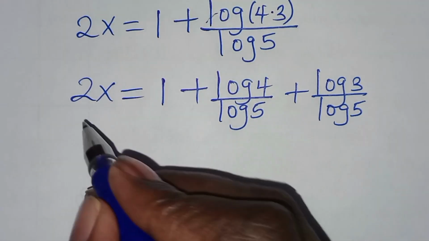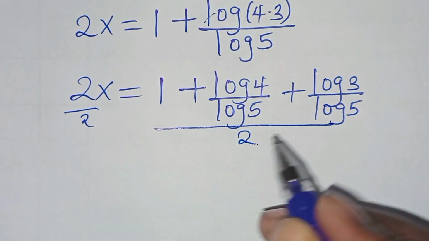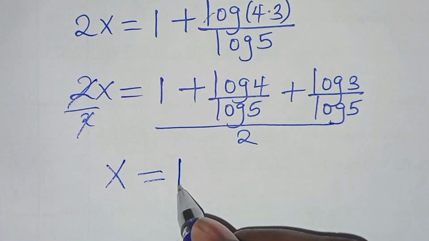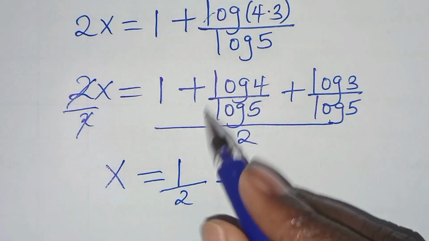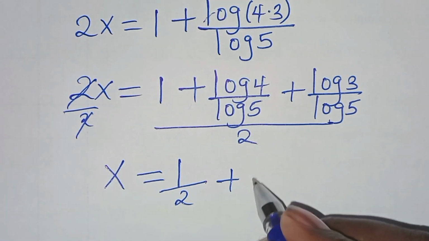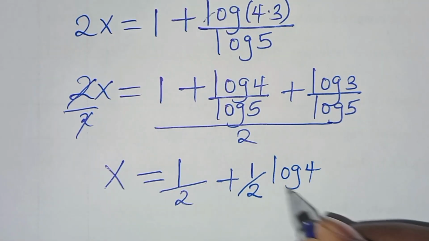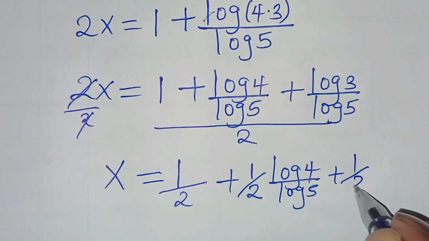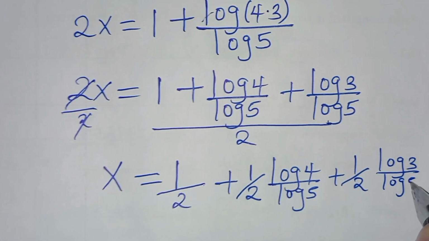The next step is to divide both sides by 2, so that now we have x equal to 1 over 2 plus half log 4 over log 5, then plus half log 3 divided by log 5.